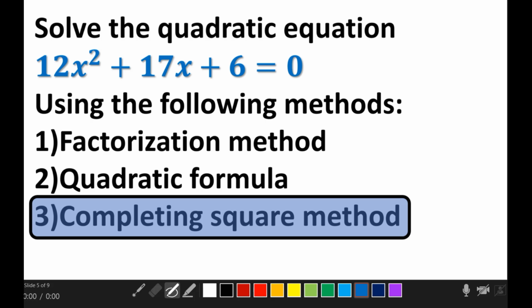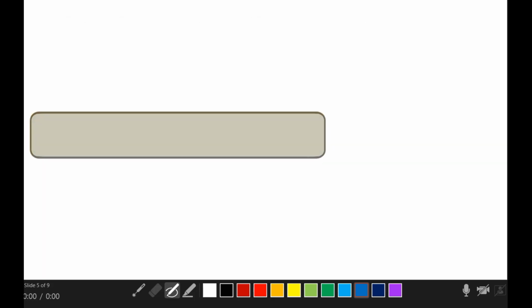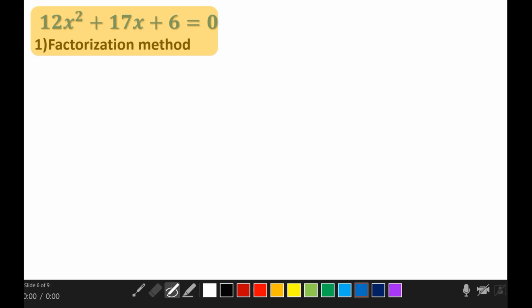So we can begin with the first method, which is the factorization method of solving a quadratic equation. This equation is of the form ax squared plus bx plus c is equal to 0, and therefore using the factorization method we need to find the product AC.